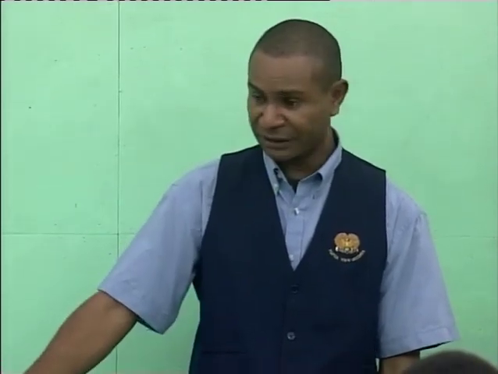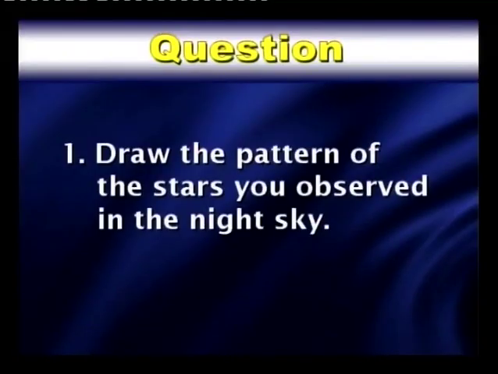Question number 1: you have done this already when you drew the stars at night. If you have drawn that, you can transfer that into your book. So you draw the pattern that you have observed in the sky.